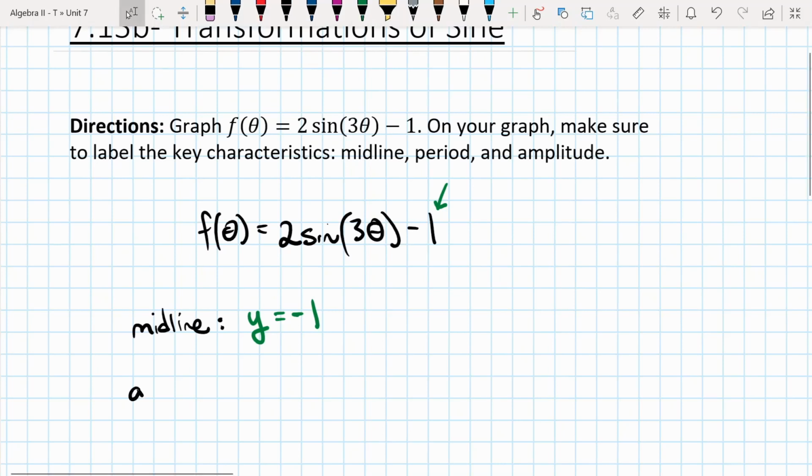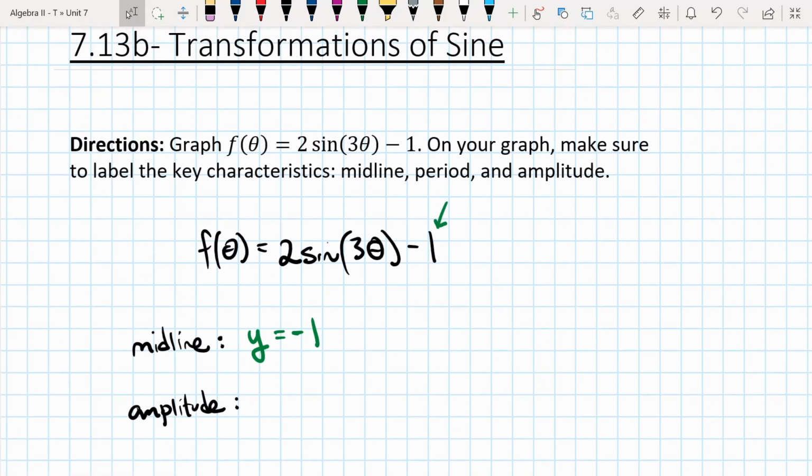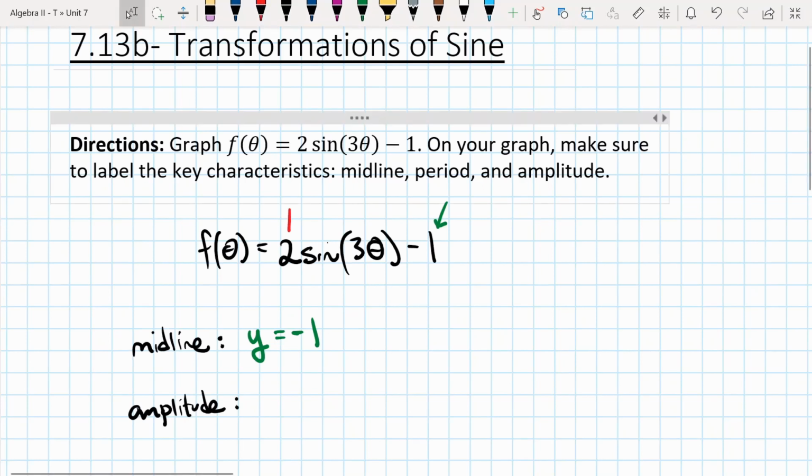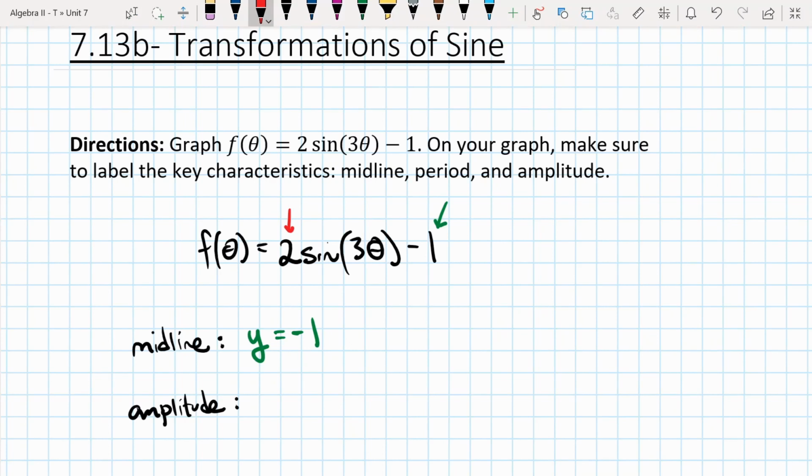Next, the amplitude. Well, the amplitude is the absolute value of this number here. Okay, the absolute value of 2 is just 2, and so the amplitude, and in this case the a value, is equal to 2 in this problem.